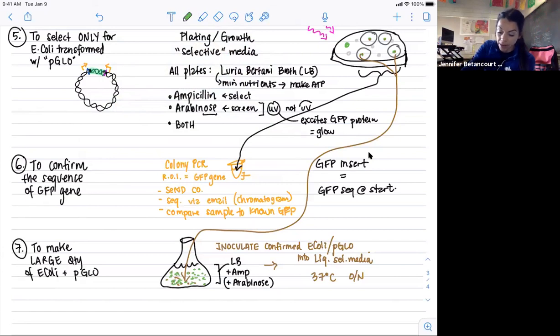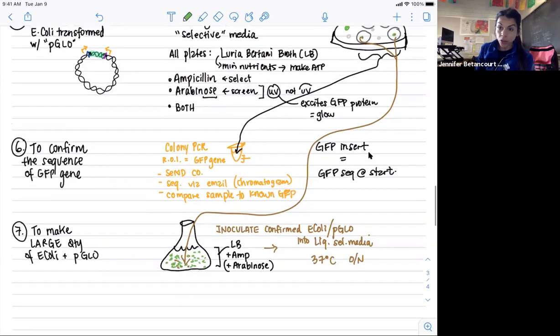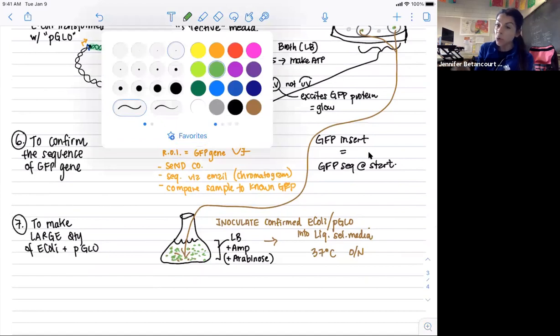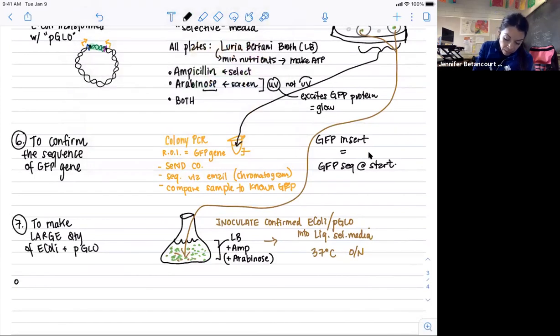So the next and final major step of the preliminary experiment is to isolate just the GFP from your cells. Okay, and you leave the cell components behind, you leave the PBAD behind, you leave everything behind.